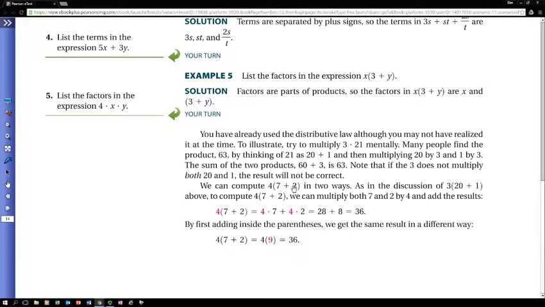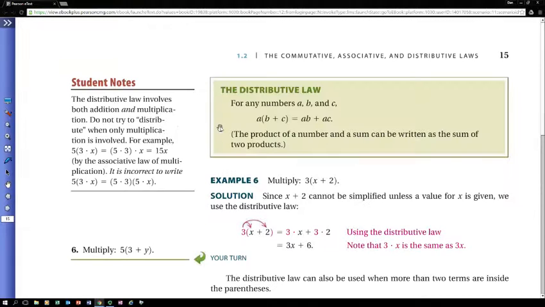Now they're kind of setting up, hey, look at how I can manipulate these numbers, and I can distribute. Basically what they're doing is showing the distributive property, and I get the same result, and I can do this different ways. In other words, there seems to be a common thing that happens all the time with this multiplication over an addition, which is that I can rewrite this and distribute the multiplication.